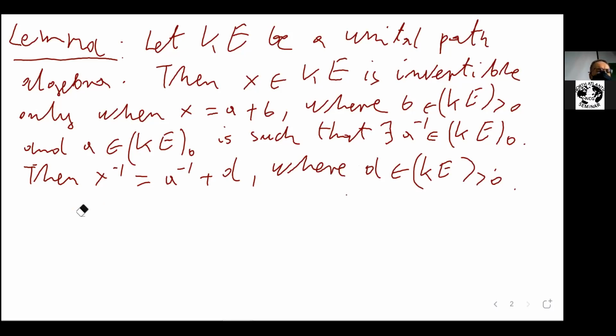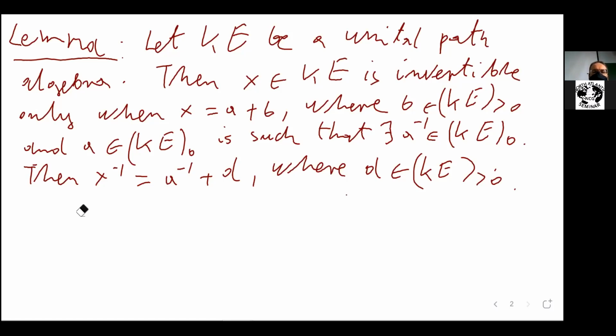You see, I didn't want to phrase this if and only if, because then I'd have to say something about D, and I don't care about D. All that I care about, this is the whole point of this lemma, is that if I want to invert an arbitrary element in the path algebra, then I have to invert its part which is beyond the arrow ideal, and this inverse is in this commutative subalgebra, okay?